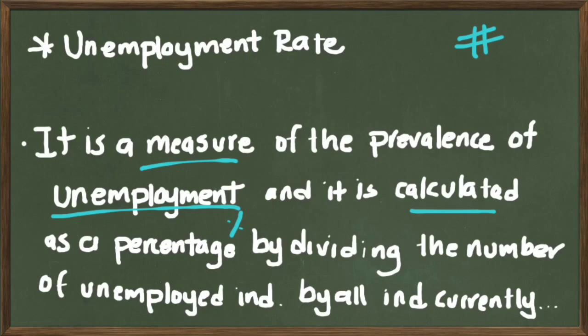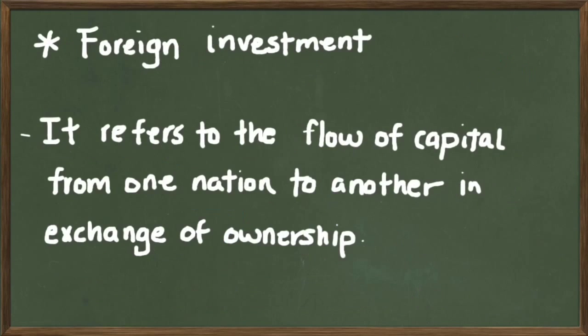So we have to divide the number of unemployed by all of them, and you should get a number like right there. That's your unemployment rate.